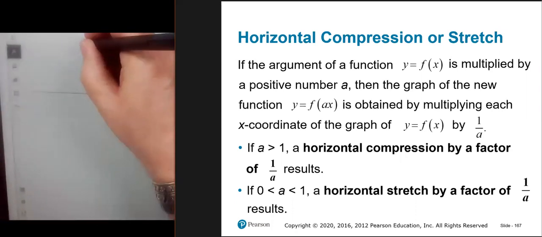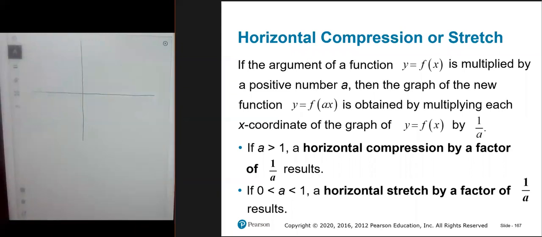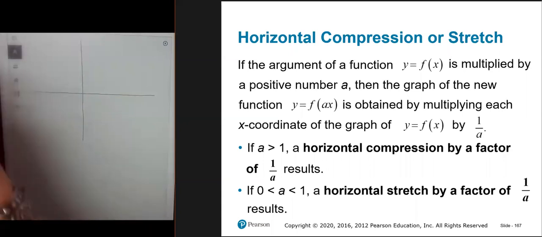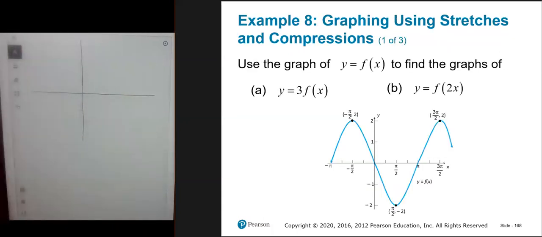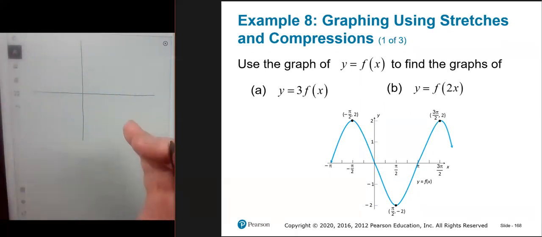They use this particular function a fair amount of times in pre-cal. I mean in college algebra, because when you get to pre-cal, you're going to be looking at this and doing things with this a lot. So this is a sine function.